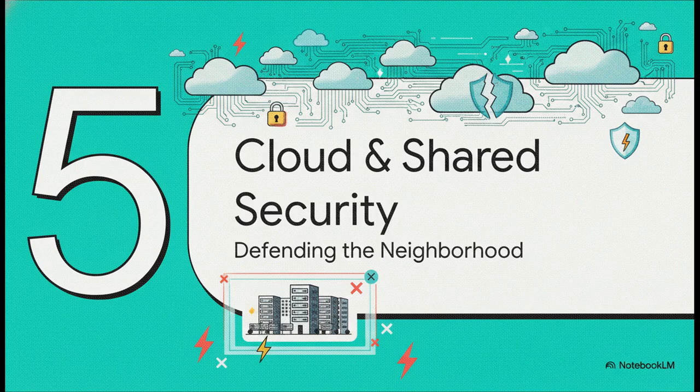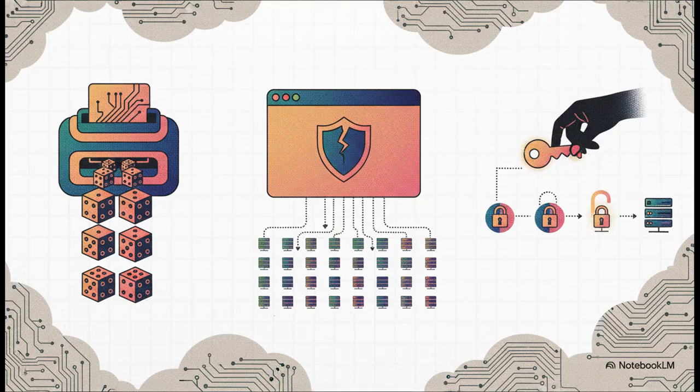Now, take that shared hosting idea and scale it up, way, way up. That's the cloud. Cloud environments are essentially shared hosting on a massive scale, but with even more complexity from things like virtualization and powerful web-based management tools that become huge targets themselves. The cloud introduces some really unique attack vectors.